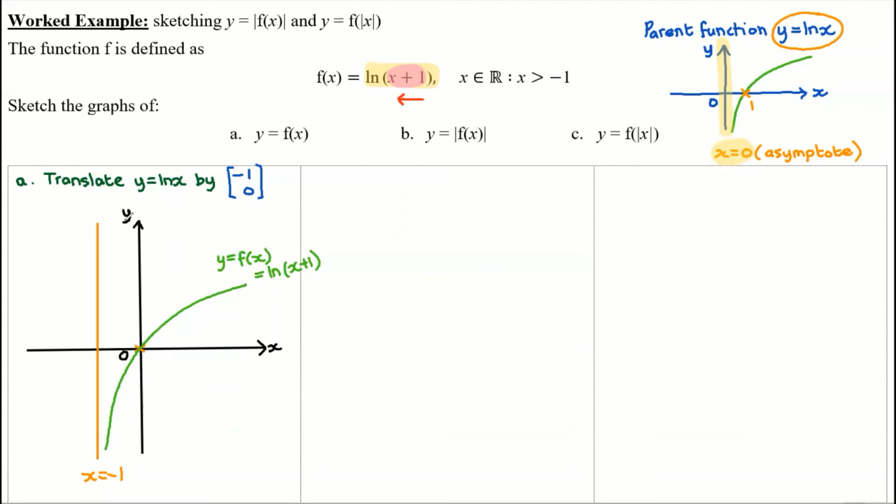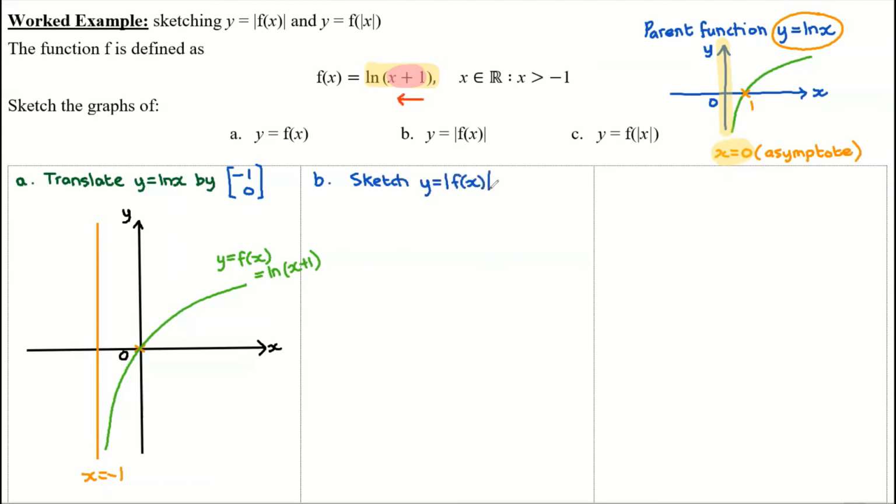So I'm hoping that wasn't too strenuous. Now, this is the new stuff. We can now take this information that we've got and apply what we've just learned about modulus functions to this sketch. So the first job we're going to sketch, now we've got the main graph, is y equals the modulus of f of x.